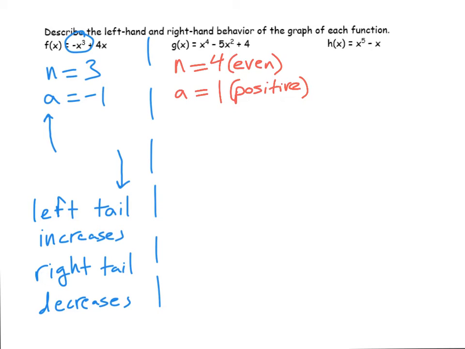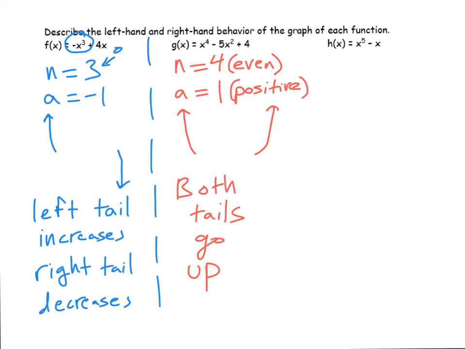So if I relate that to those sketches, you'd have something like this. And I could generalize it and say both tails go up. Okay, and I could add over here, you know, specifically what I was looking for. The 3 was odd. And the leading coefficient was negative.